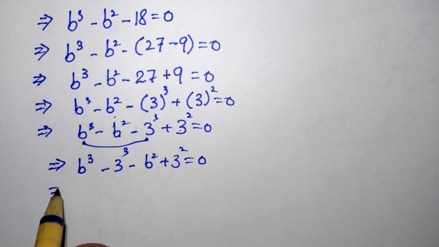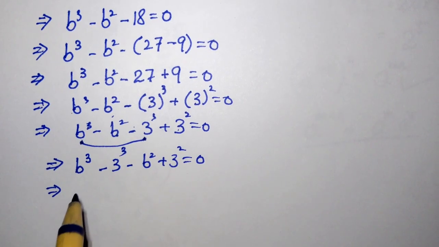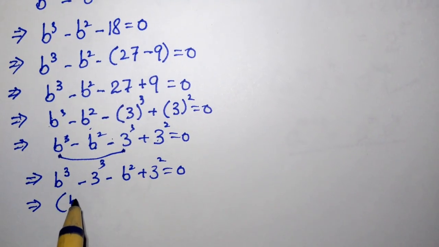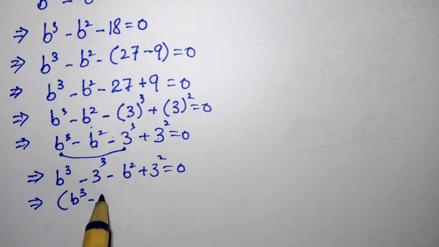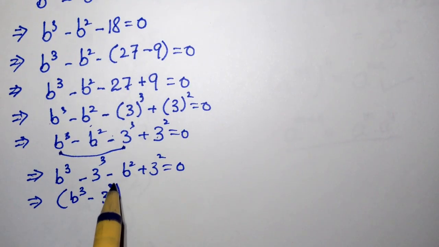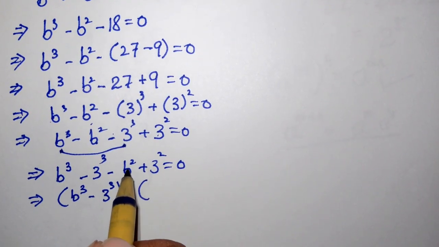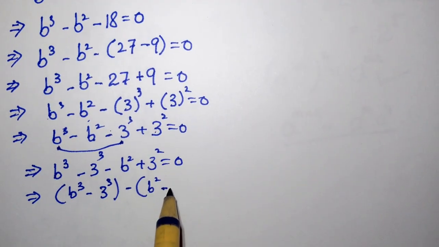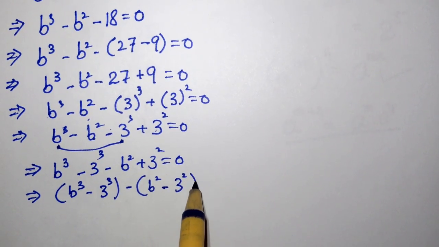Now we have to enclose them in parenthesis. This will become b to the power of 3 minus 3 to the power of 3, here minus b square minus multiply plus is equal to minus 3 square is equal to 0.